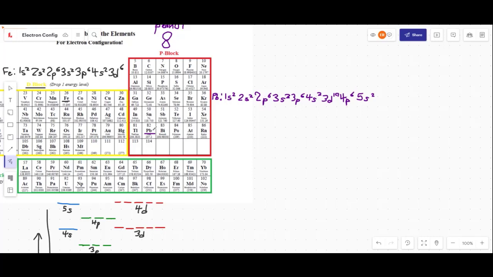Lead? Okay, lead, number 82. We ain't done by a long shot. After 5s2, 4d10. And after 4d10, 5p6. You're doing it. Okay, what comes after 5p6?